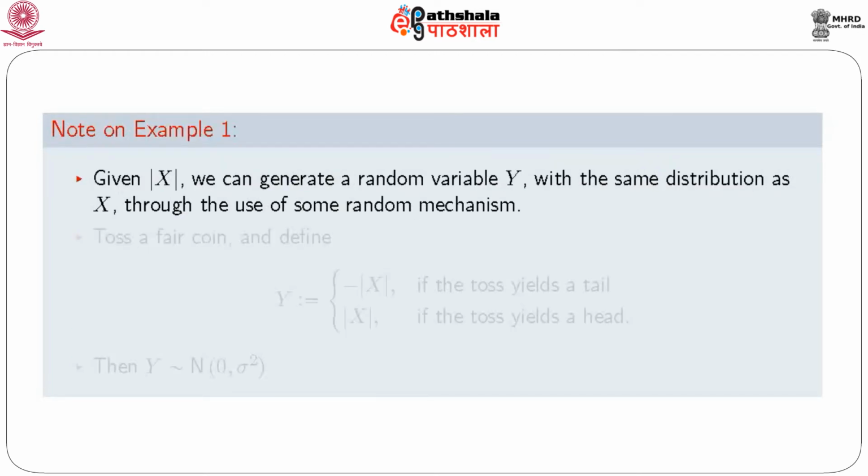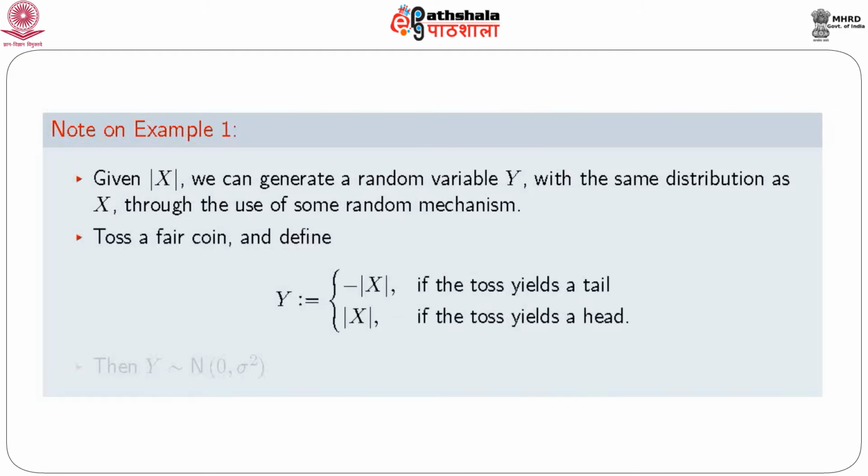Now, it is to be noted that given the value of the sufficient statistic mod X, we can generate a random variable Y with the same distribution as X through some random mechanism.